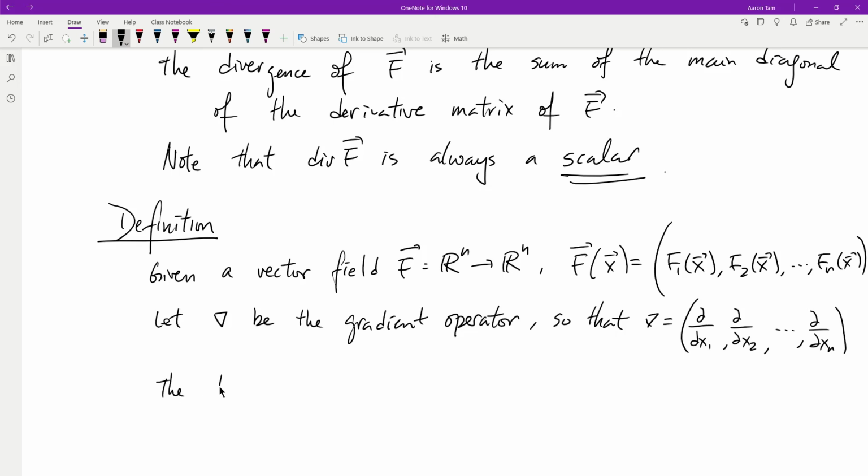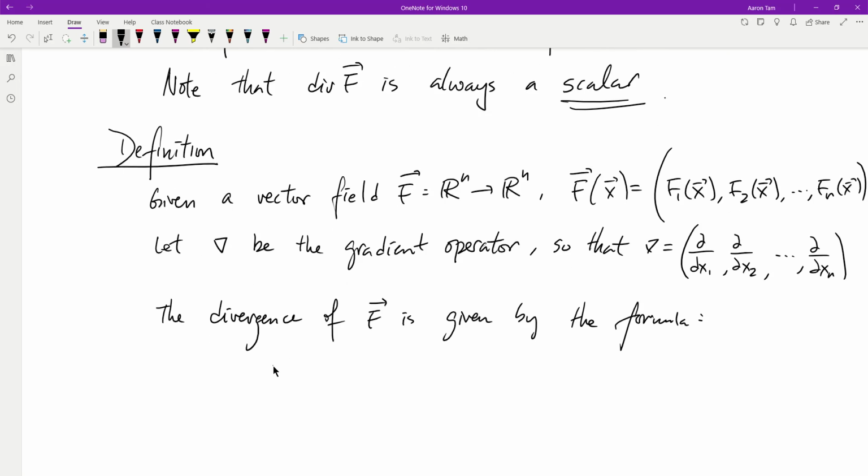The divergence of vector F is given by the formula: div F is equal to the gradient operator dot product with vector F.